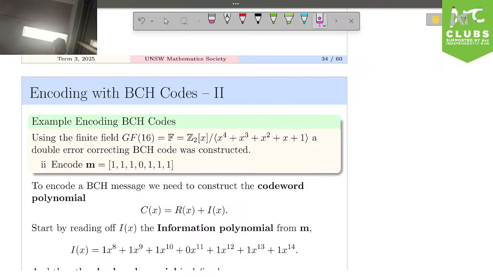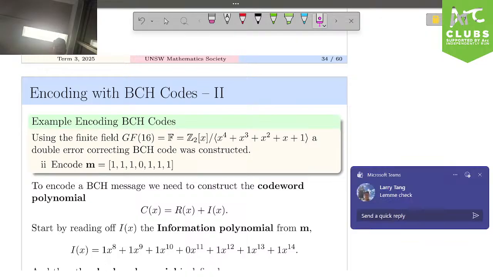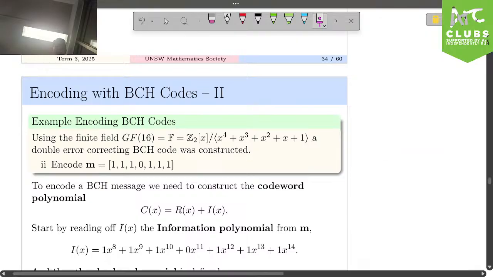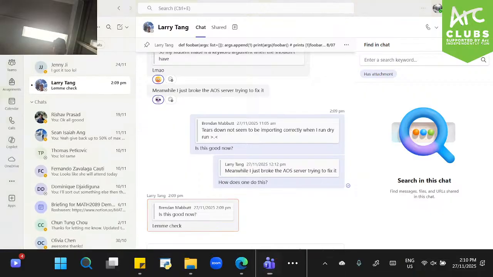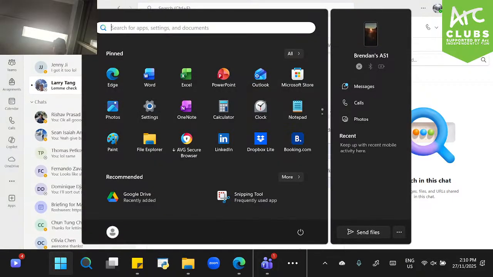So there's going to be 8 bits, which are for armor, and the rest of them are for information. So 8 bits for armor. That means we have 1 up to x to the 7. This is our armor, and it's I to the 8 to the rest of them.